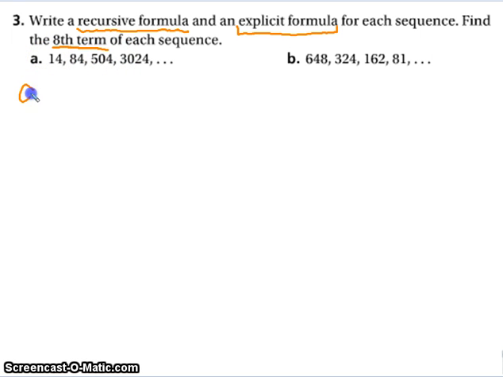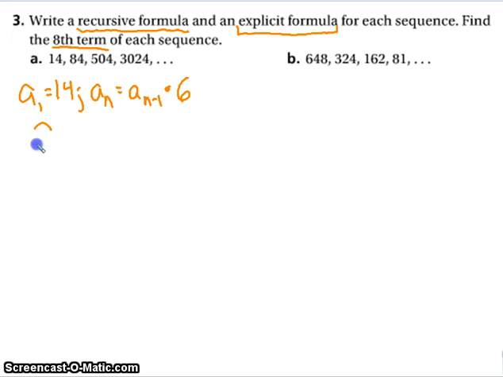Okay, recursive. We name what a sub 1 is, and then we have a sub n is equal to a sub n minus 1 times the common ratio, which in this case is 6. We can find the common ratio by taking the second term divided by the first term, the third term divided by the second, the fourth divided by the third, and so on.